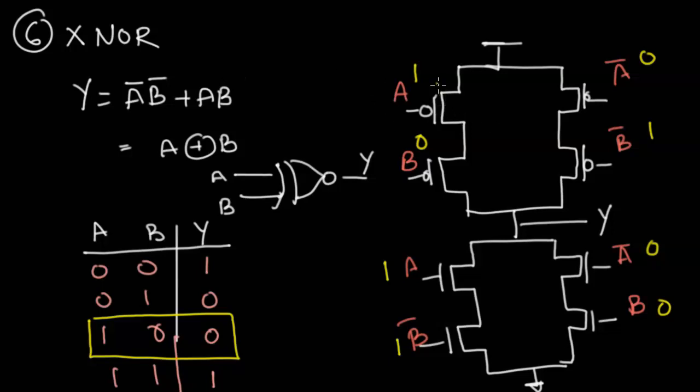So the transistor turns off, so there is no direct path between the VDD and the Y. Then the NMOS turns on when it's 1. So we have a direct path from the ground to the output, and hence my output is 0. And hence it's verified.